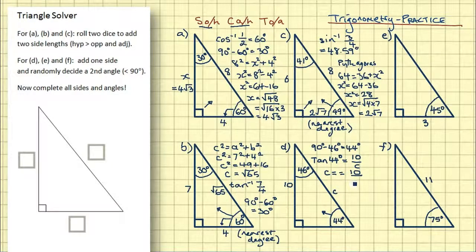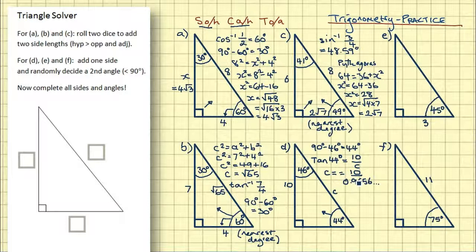And let's just immediately do that on the calculator. So if I type in tan 44, I get 0.9656... Okay, well, if I again use my calculator to do that calculation, I've got 10 divided by 0.9656, because that's to a reasonable degree of accuracy.